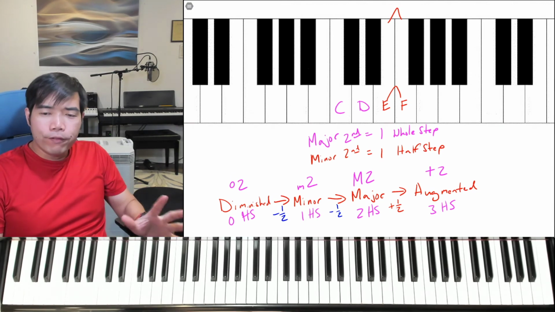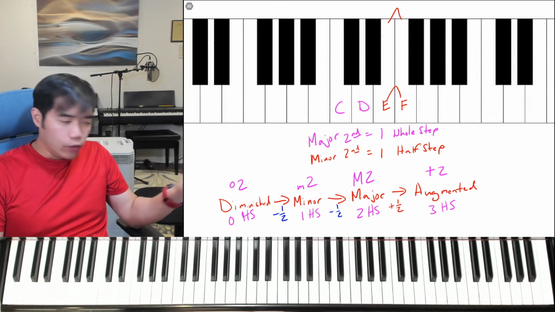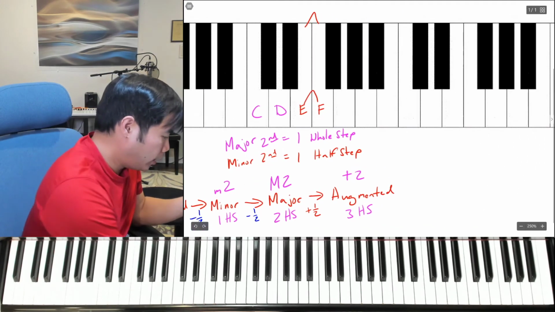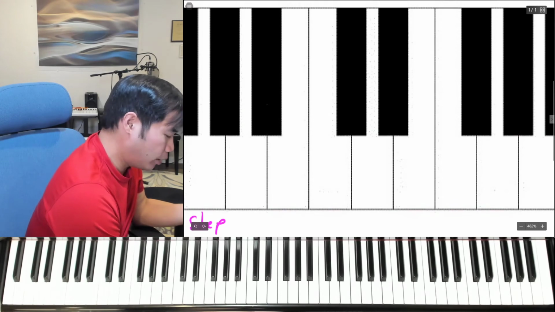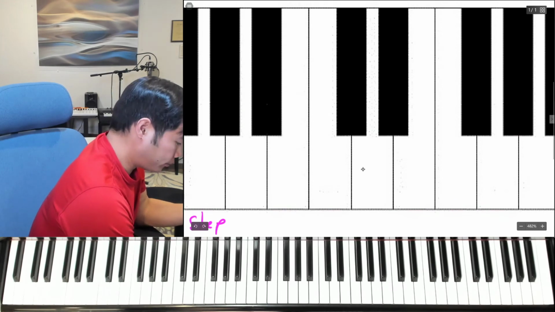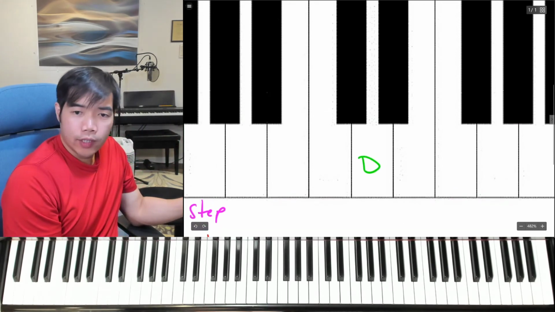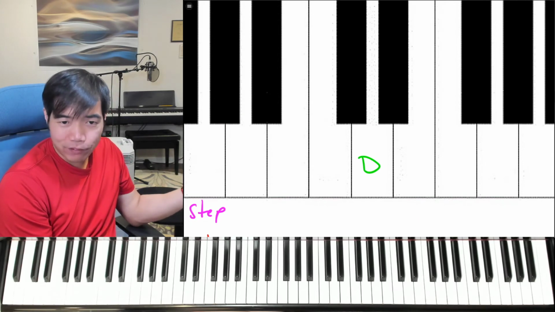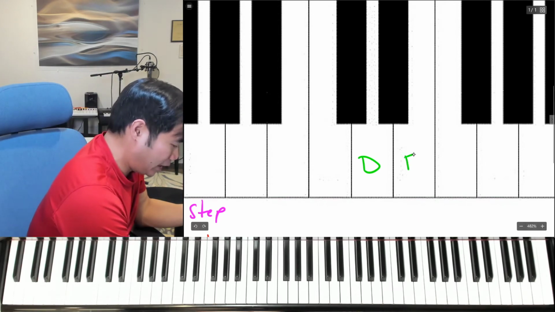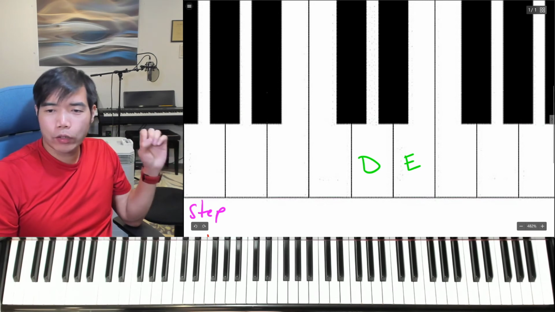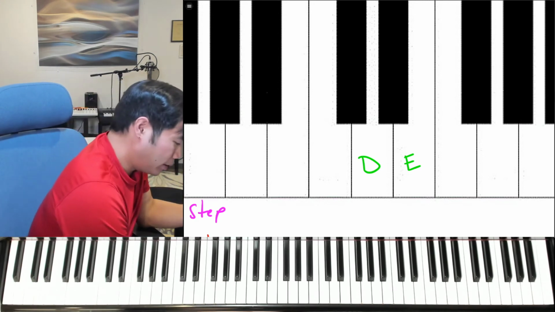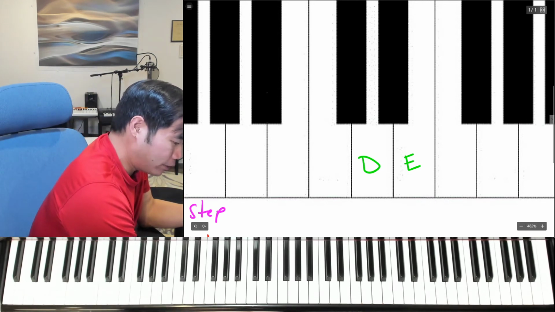So let's modify the second using these rules. Again, I'll just use a random note. This time, let's start with the note D. The diminished second, let's say D to E, okay, has 0 half steps. So that means I would have to make this E a double flat.